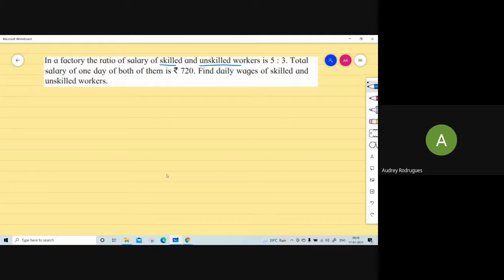See, a skilled worker is one who has special training. Like suppose if I am a teacher, I have special training to teach. So I'm a skilled worker, right? Suppose there are some people who are skilled in painting jobs.